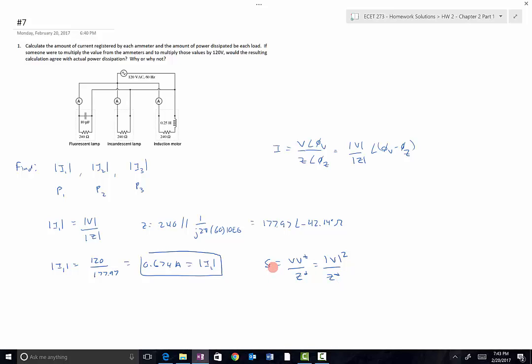That's going to give me apparent power. I can then extract the real power from that, and that's pretty easy to do for a resistor, because I can just say 120 squared over the impedance of that resistor, which is just 240. Since it's purely real, there is no complex conjugate associated with it, and that's just going to give me 60 watts. So S is just going to be equal to 60 volt amps, or 60 watts in this case. So that's equal to P1.